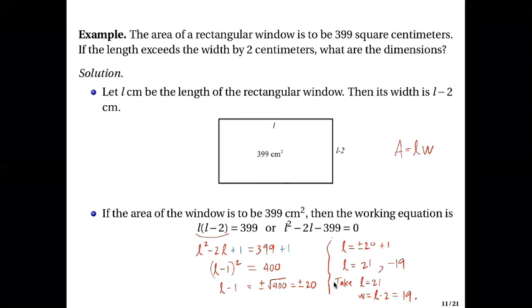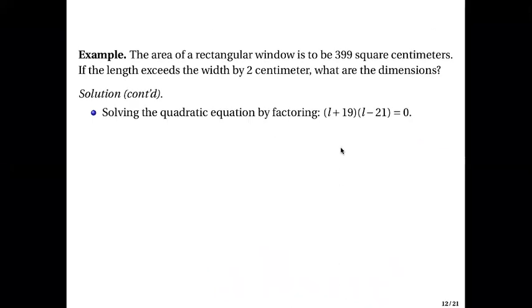Let us use another method. So by factoring, solving the quadratic equation by factoring. What we had in the previous slide was L squared minus 2L minus 399 equals 0. If you tried to factor this, this is what you will get. L plus 19 times L minus 21 equals 0.